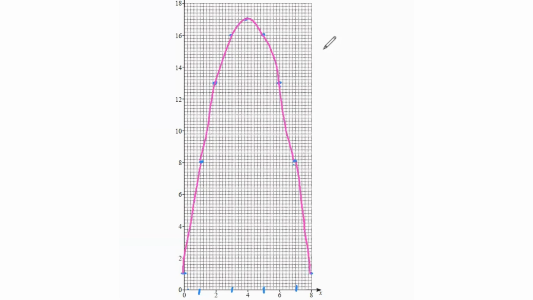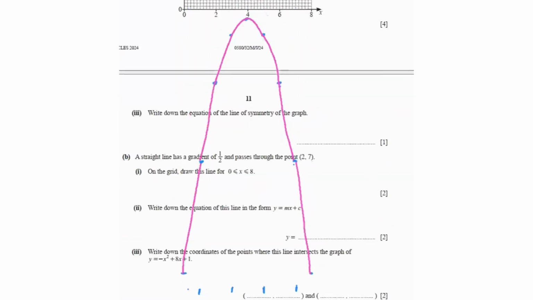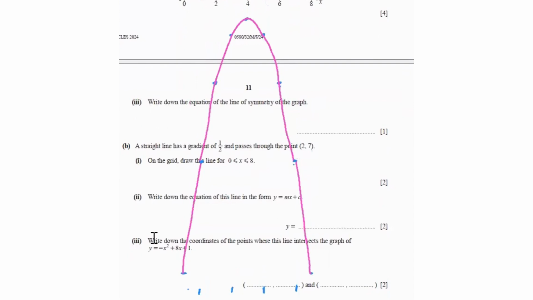Okay, that's the best job I can do right now. So this is a quadratic graph. And please don't tell me we have to do more with this, because I honestly cannot see anything. And yes, we have to.